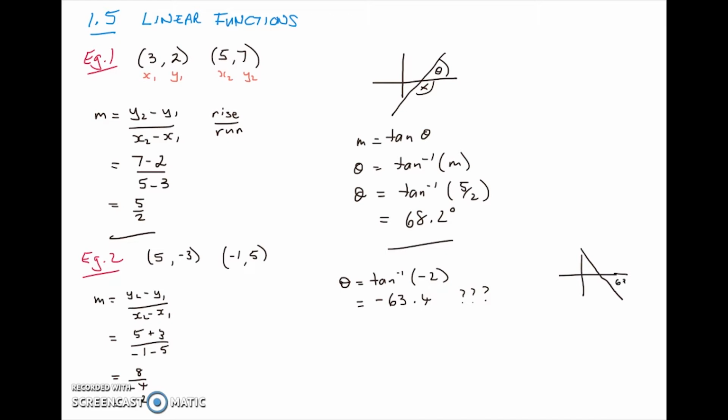Okay, that -63.4 means that it's 63.4 degrees underneath the x-axis to the line. Okay, what we want is the top side, because it's always on the top side of the x-axis. So because that's a straight line, we can subtract 63.4 from 180 to give us the angle that we want. And so the angle that the line makes with the positive direction of the x-axis is in fact 116.6 degrees.